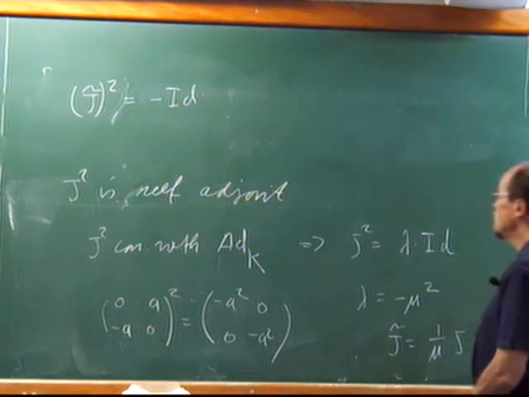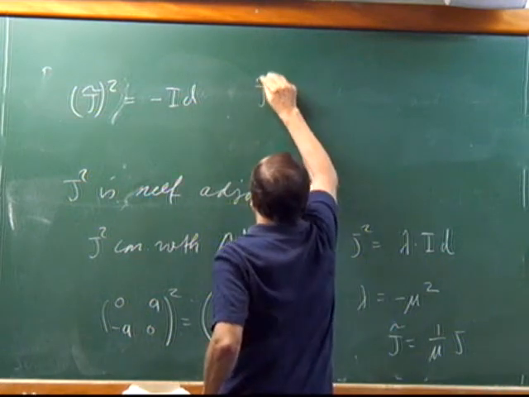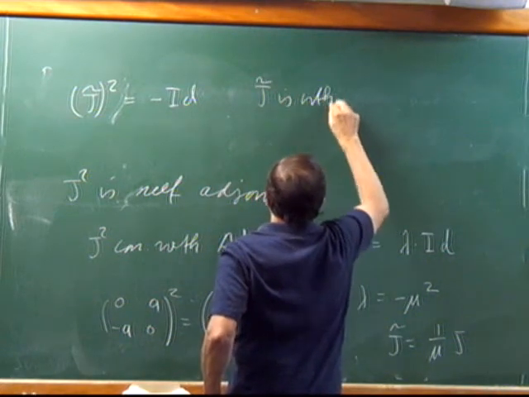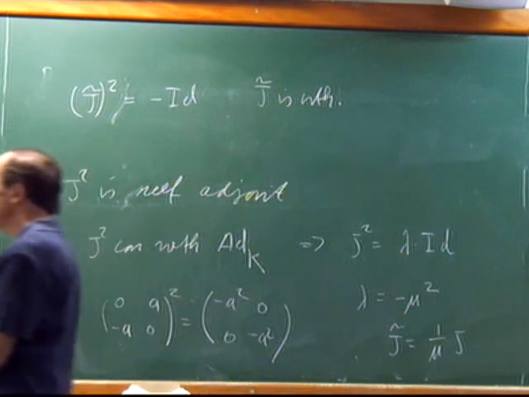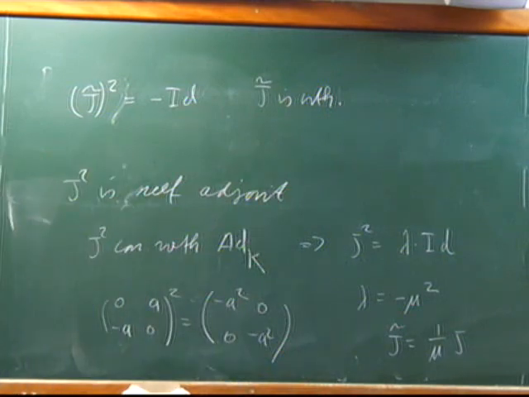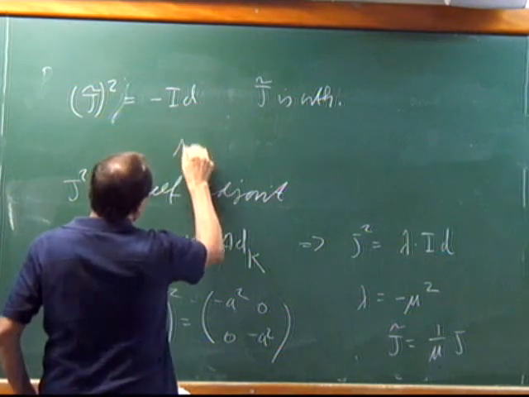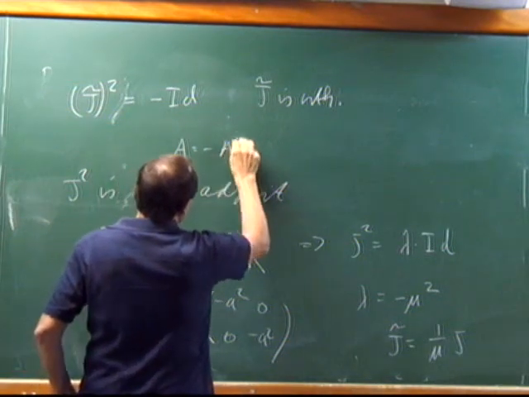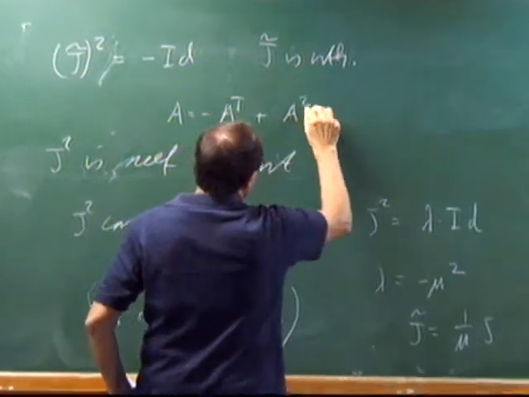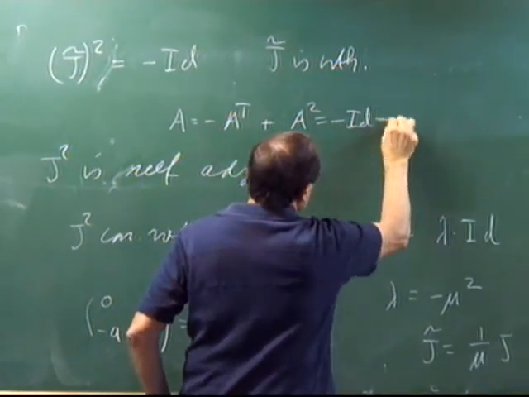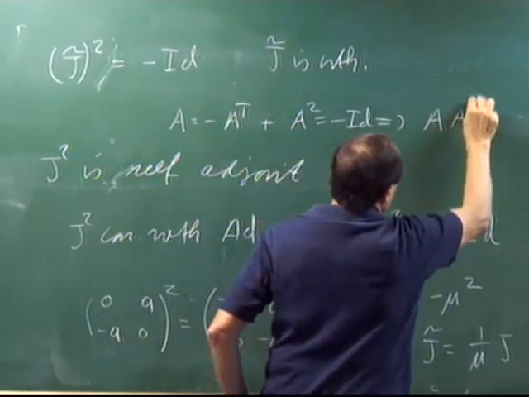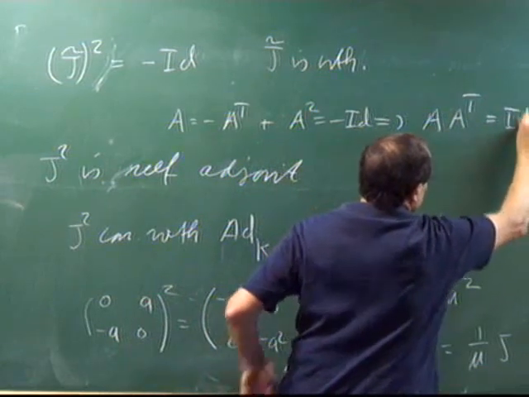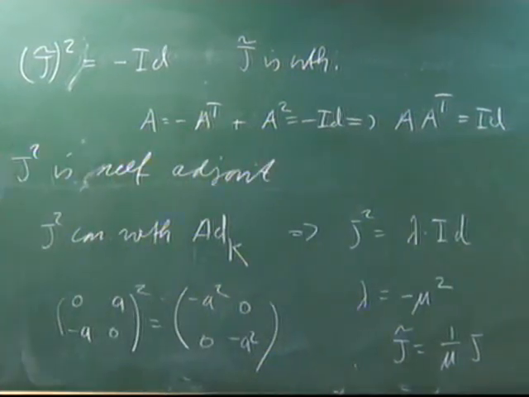It's a complex structure, and also J tilde is orthogonal because it's skew adjoint and it's a complex structure. So remember this discussion, if I have a matrix, say, where A is minus A transpose plus A squared is minus identity, this implies A times A transpose is identity. It's orthogonal. Okay.